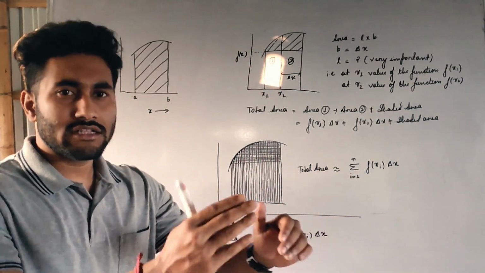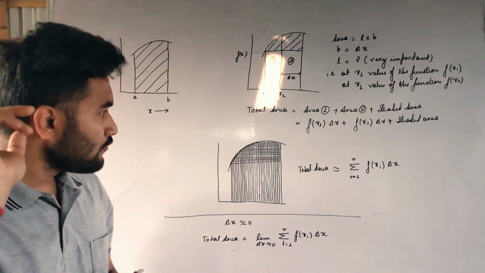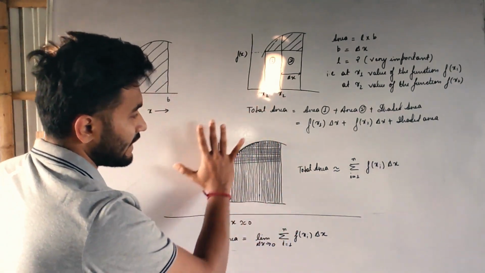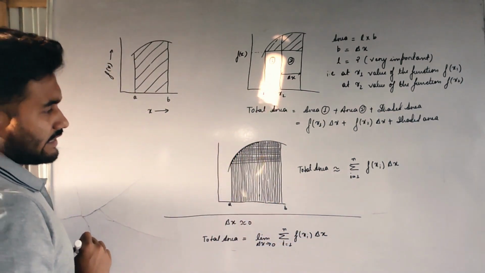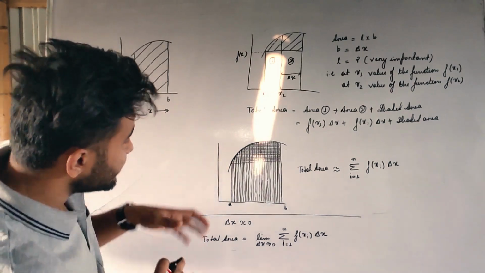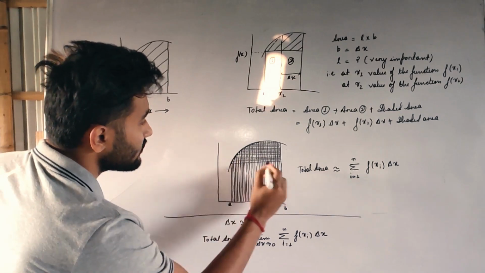4 rectangles, 5 rectangles, so we can draw. Imagine there to be n number of rectangles. So you see, this is the shaded area part. These all are rectangles: rectangle number 1, rectangle number 2, rectangle number 3.